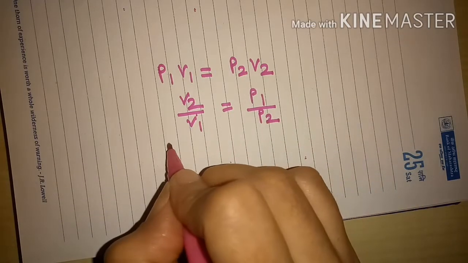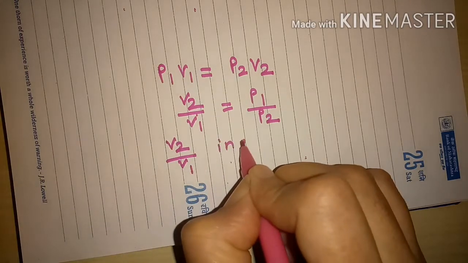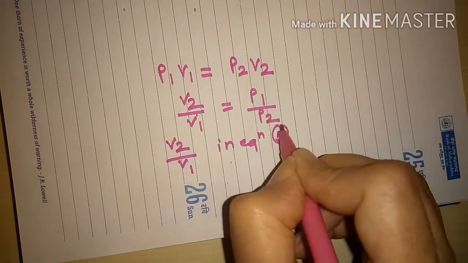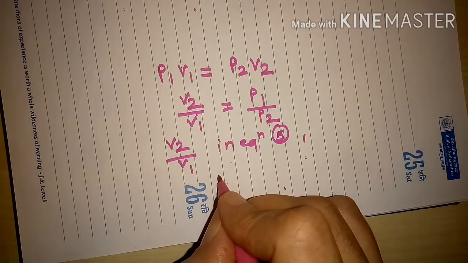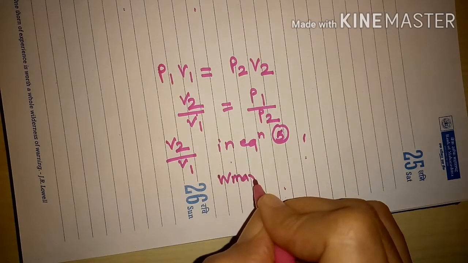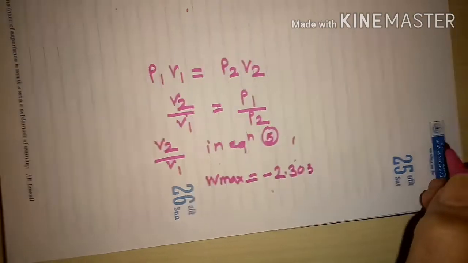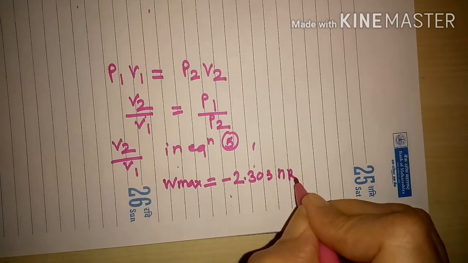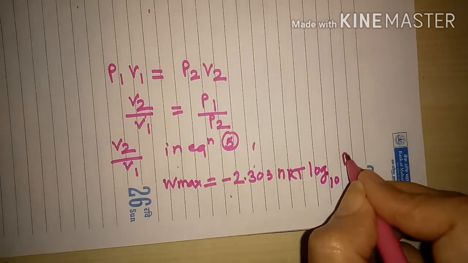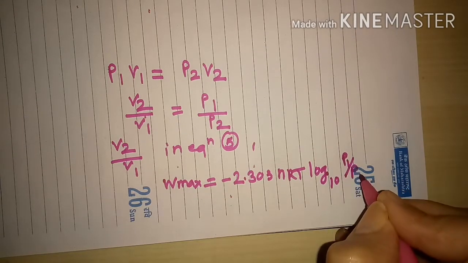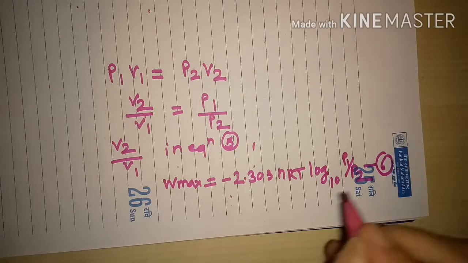Now replace V2 upon V1 in equation 5 by P1 upon P2. We will get the final equation, that will be w max equals minus 2.303 nRT log to the base 10 P1 upon P2. So this is your equation number 6.